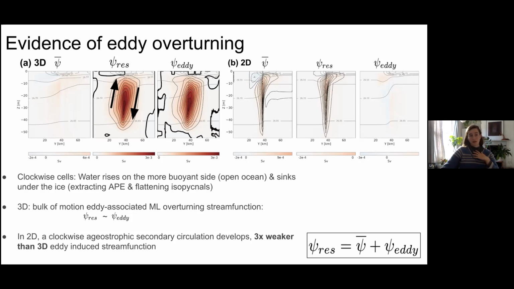And we can see that the eddy component of this total overturning, which is given on the right here, basically dominates this overturning.